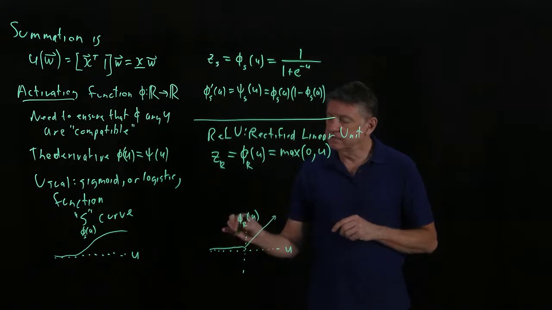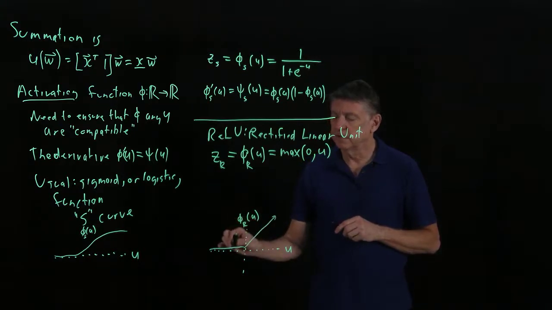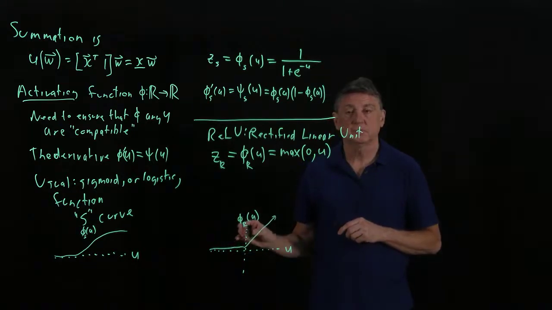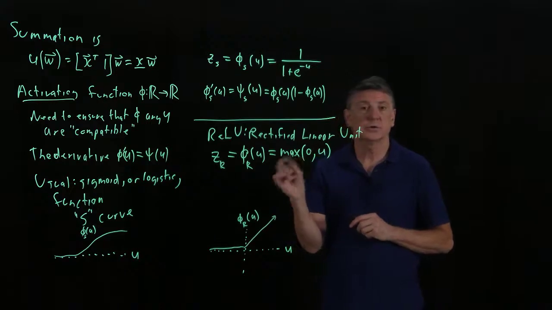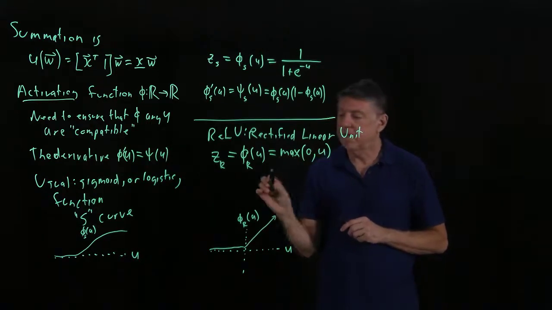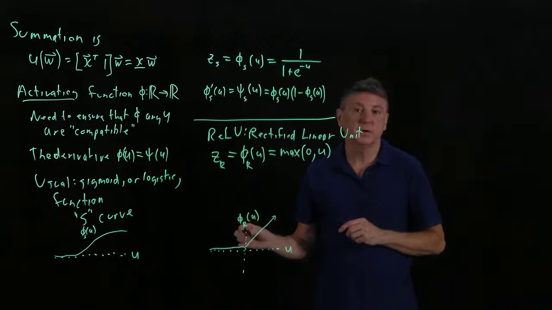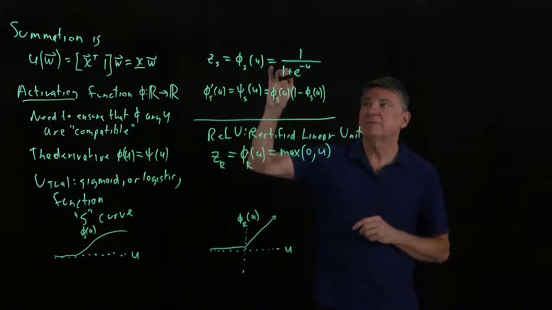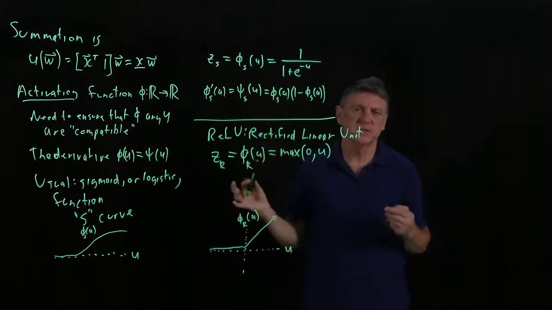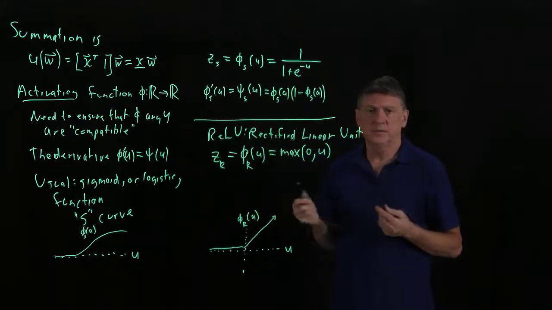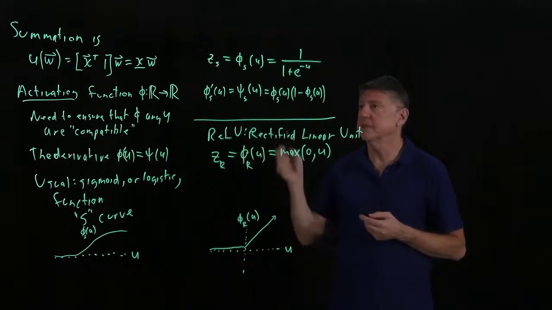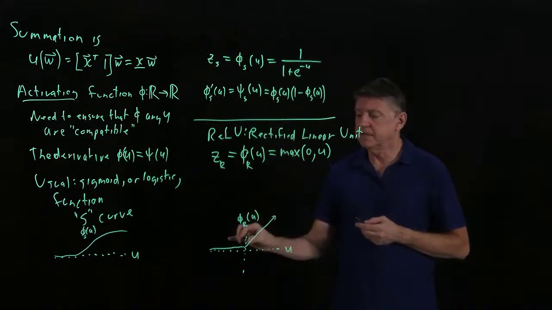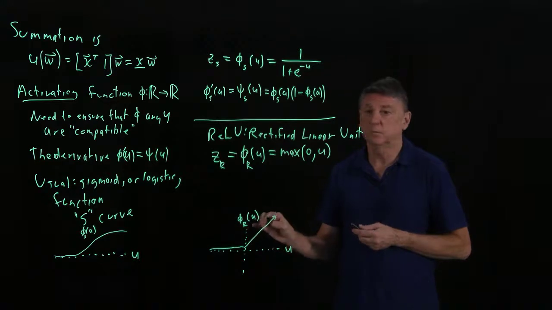This activation function is really fast to compute. You can do it with a max, or with an if statement, whereas with the sigmoid you have to compute an exponential, usually done by an approximation with a Taylor series, which requires substantially more computation on most machines. And this empirically gives very good performance.